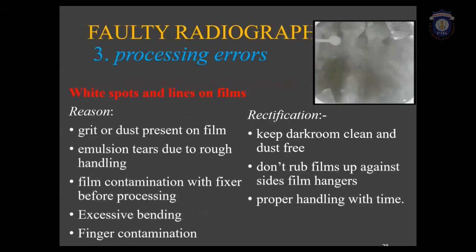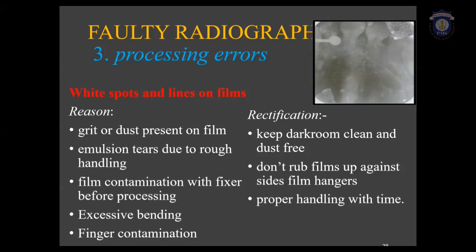White spots and lines on the film. The main reason for white spots or lines appearing on film could be because of the presence of grit or dust, emulsion tear due to rough handling, the film contamination with fixer before processing, excessive bending, finger contamination.